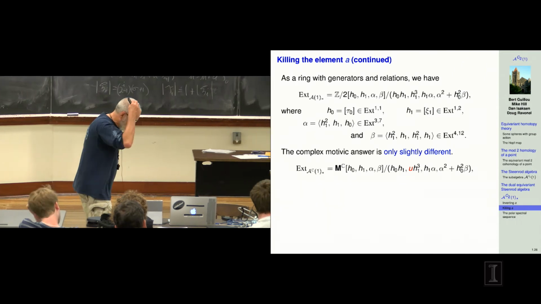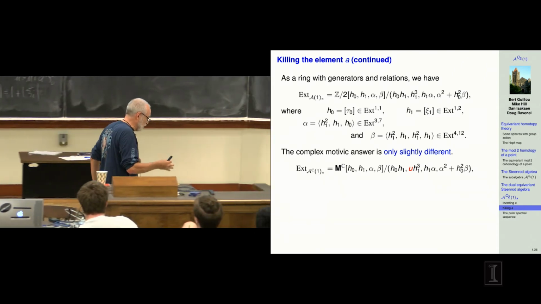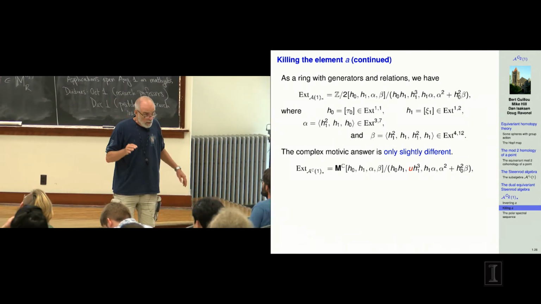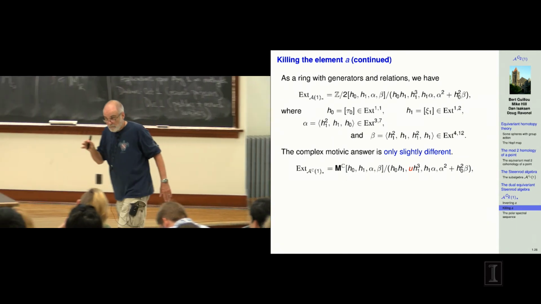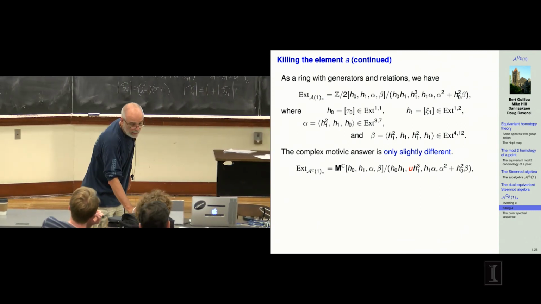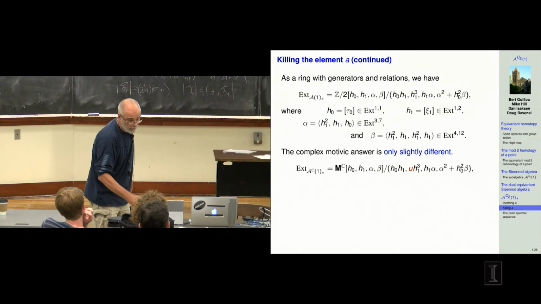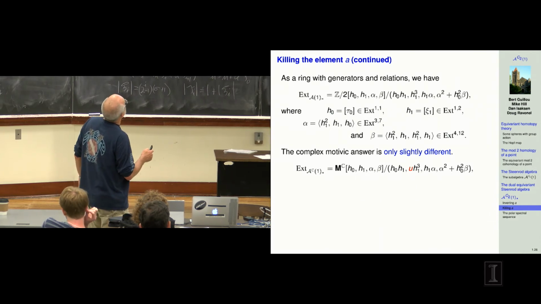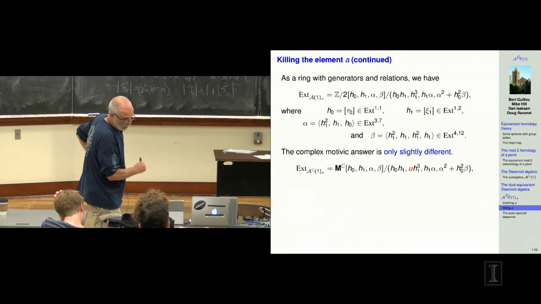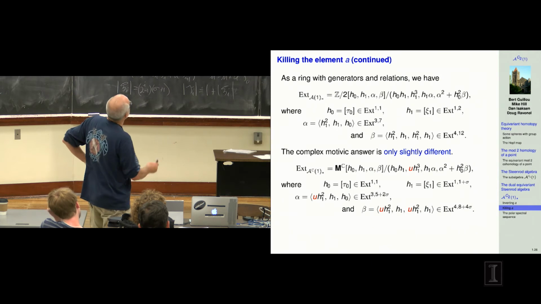So we're in the setting a equal to 0 but not doing anything to u, which is equivalent to passing to the complex motivic case. So that's where we are now, the complex motivic case. And the answer is only slightly different. The difference is that whereas we had h1 cubed equals 0 up here, in this case it's u h1 cubed. Otherwise, everything is exactly the same, except the gradings are a little different.